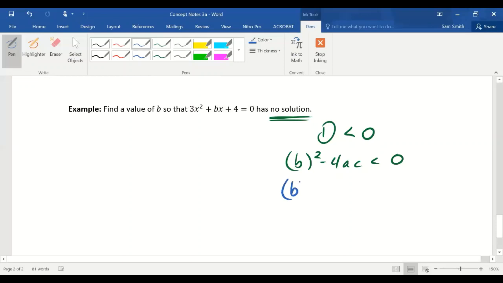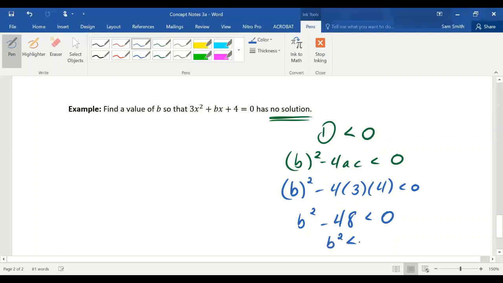So let's put all that data in. b squared minus, I think this is 48 in the back, 4 times 3 times 4. If I can find any value of b so that b squared minus 48 is less than 0, I will have met this condition. Now, that I think is pretty easy to do.